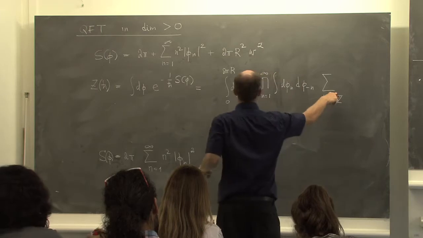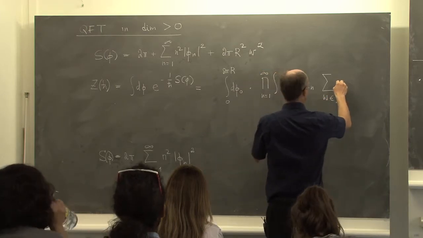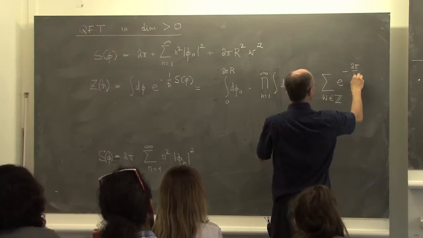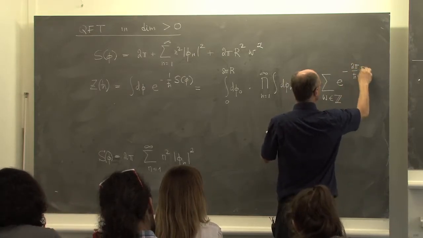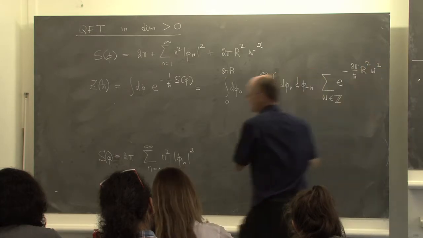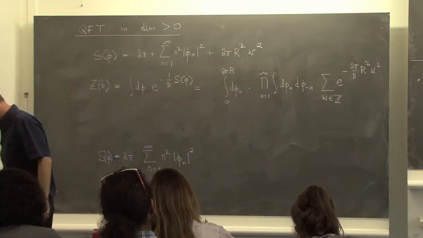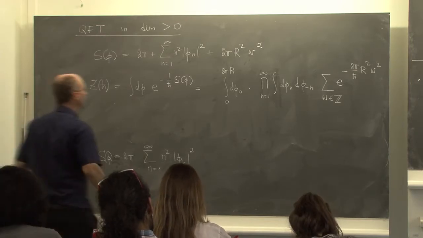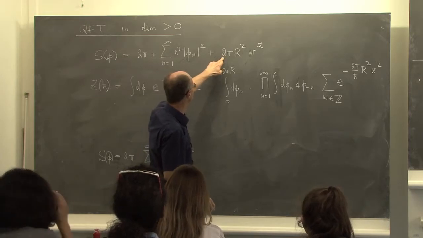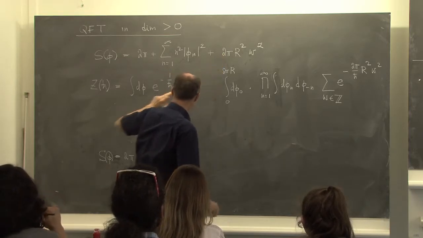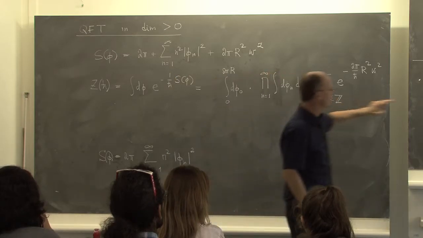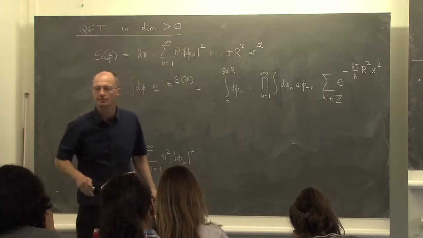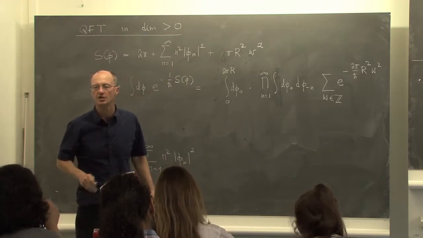Now, what happens here? So here we have exponential minus 2 pi over h r squared w squared. And I think I actually made a mistake. There is also a coefficient 1/2 coming from the 1/2 here, which means that there will be just pi instead of 2 pi.